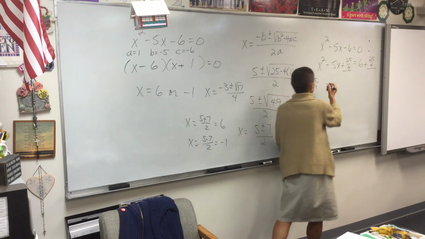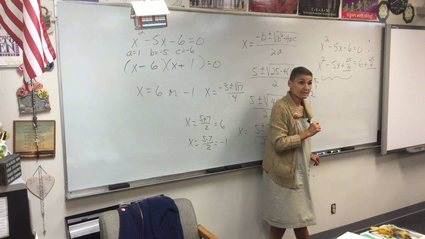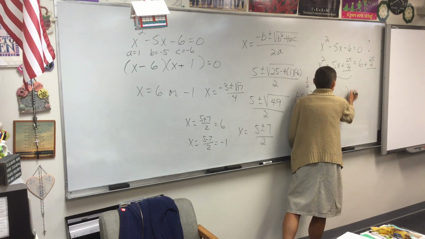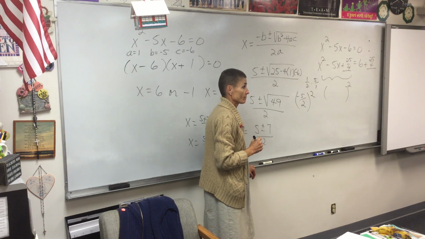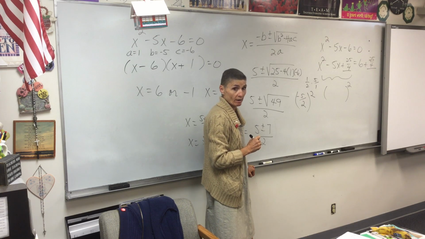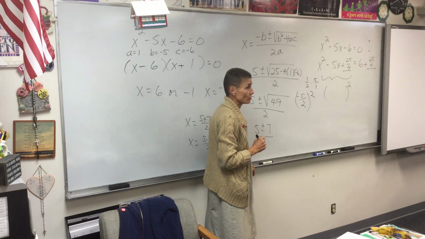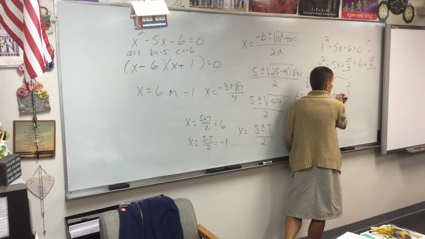We call it completing the square because if you've done it right, this will be a perfect square. What is the perfect square? What's going to be inside those parentheses? X minus 5 halves.